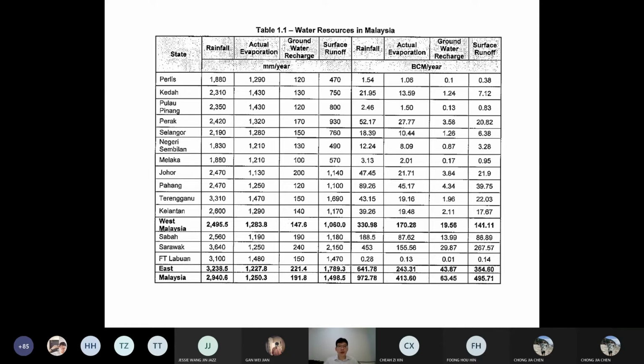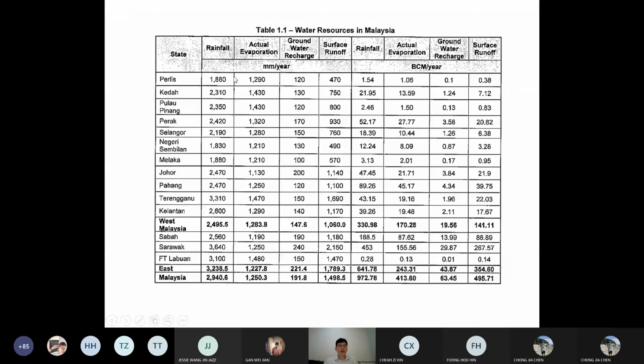Actually, a portion of the water is still infiltrated underground, but you can see the proportion is not that big compared to the runoff and evaporation. Like in Selangor, only 150. When it falls on the ground, it makes soil moisture and will go down to the ground and become soil water. We see other states are very interesting. Perak's total rainfall is 2420.